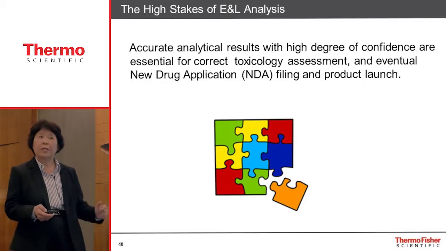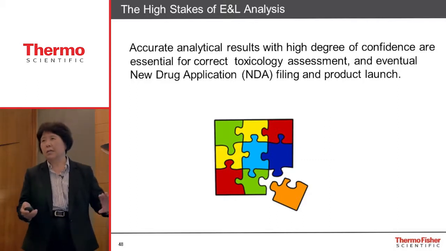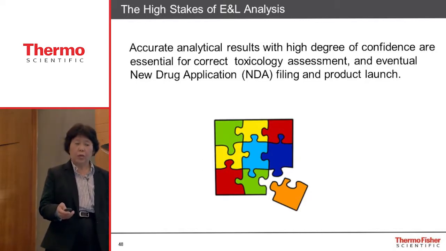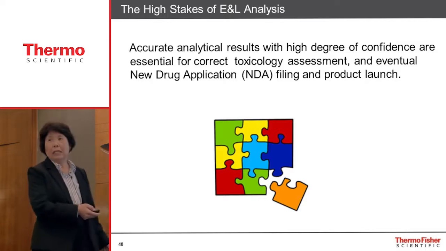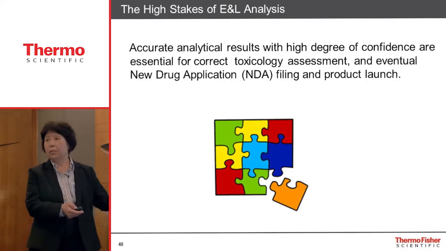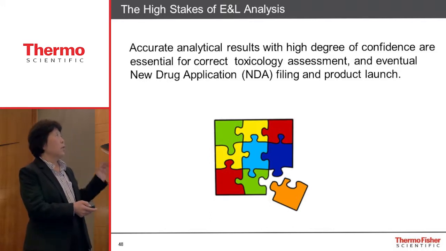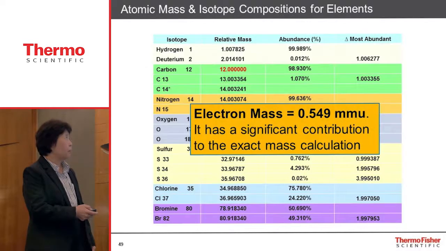At this point, they're not sure whether it's the formulation or a leachable, so we're working with them. It's a shame, right? They spent so much time and effort, and now couldn't put this product on the market. That tells us the high stakes for E&L analysis.